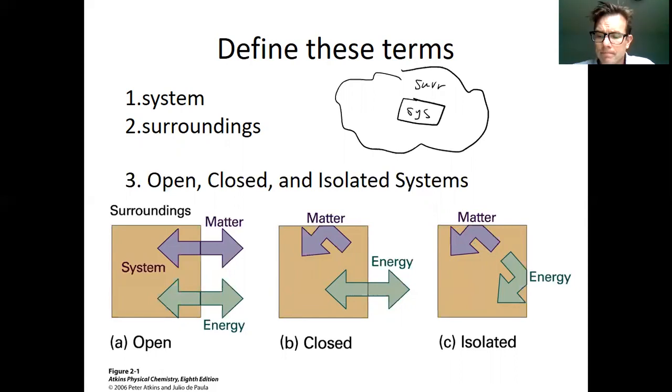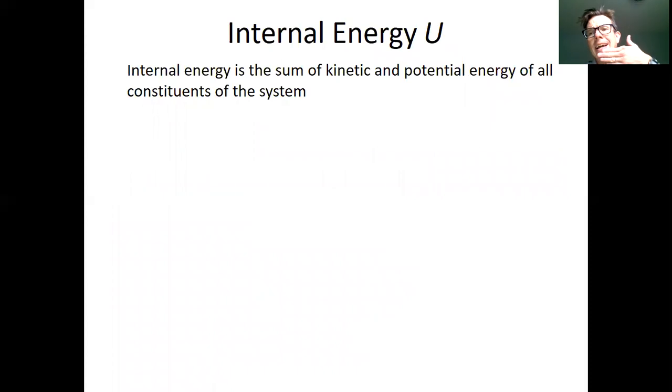Okay, we're now ready to start attacking some of these things, and we can define what we mean by energy a little bit more carefully. So specifically, we're going to define something called the internal energy U. And in order to not confuse my U's with my V's, if you see me make a symbol like that, that's my U, right?